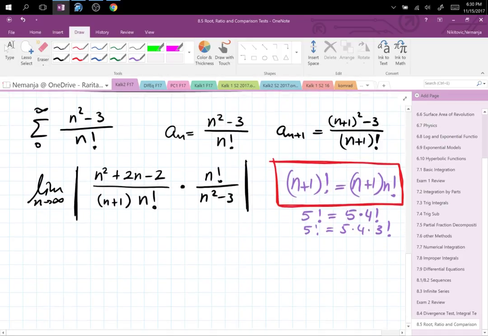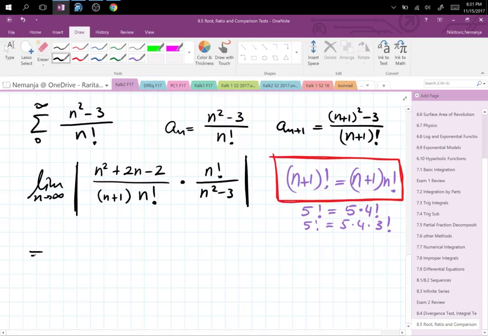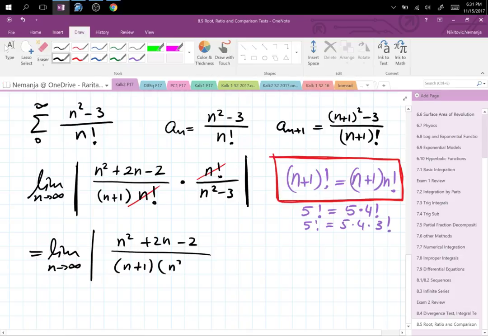All right, so now when I set up this limit and n goes to infinity, we see that this cancels, and you are left with n squared plus 2n minus 2 divided by n plus 1 times n squared minus 3.